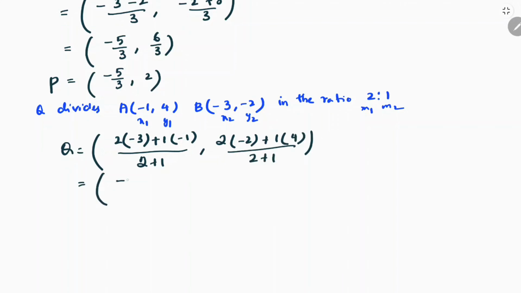So here (-6 minus 1) by 3, (-4 plus 4) by 3. -6 minus 1 is -7 by 3 and 0 by 3 is 0. So the point Q is (-7 by 3, 0).